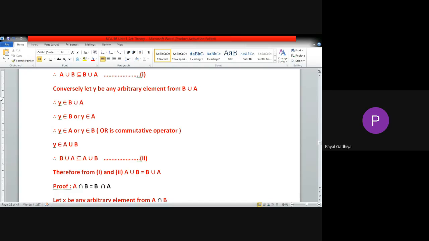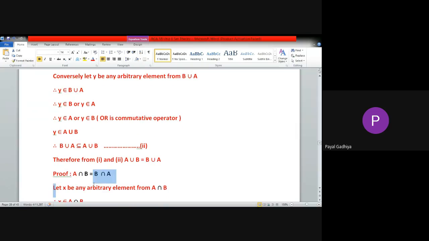Take one x from A intersection B, show that x is in B intersection A, and then take y from B intersection A and prove it in A intersection B. Try to write it down, and you can share it with me on WhatsApp or in the chat box.